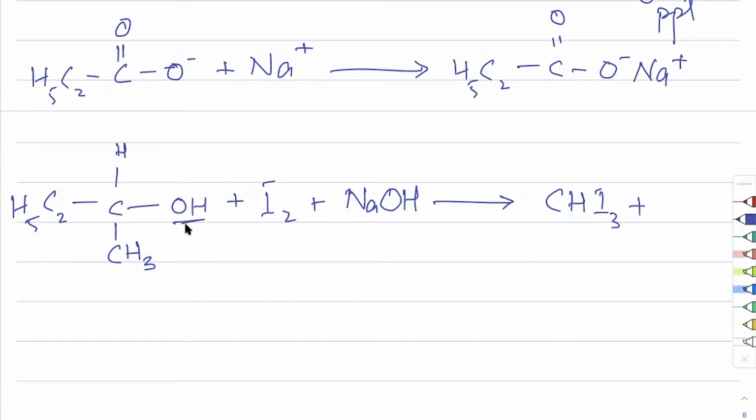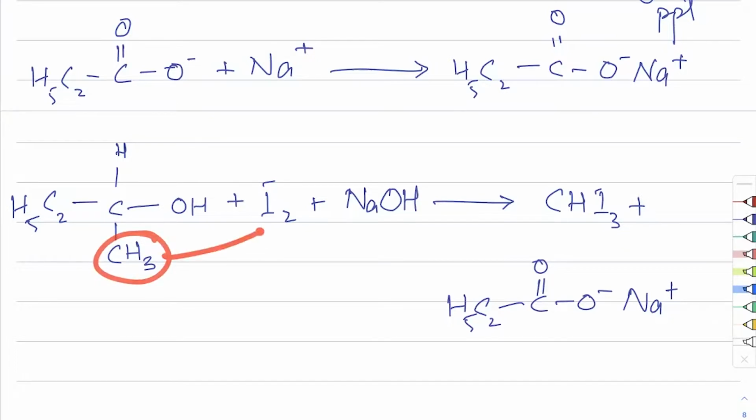This thing has now changed to this, Na. So if you look closely, technically all that has happened is that this has reacted with this and given us iodoform, which is yellow.